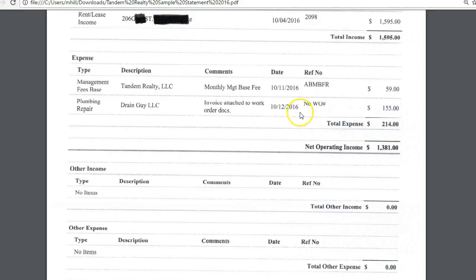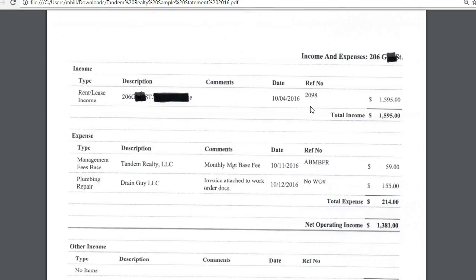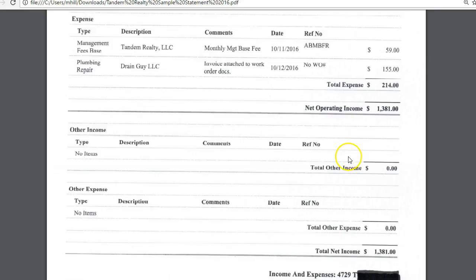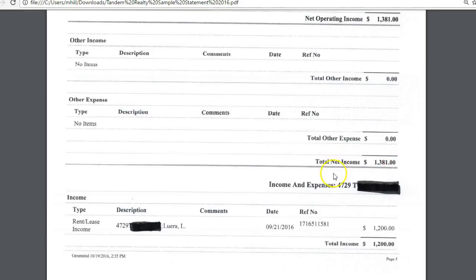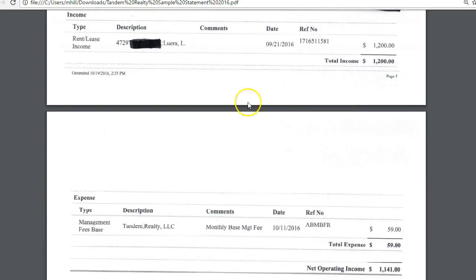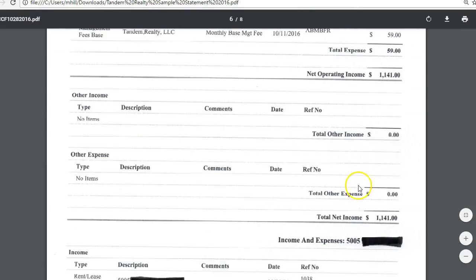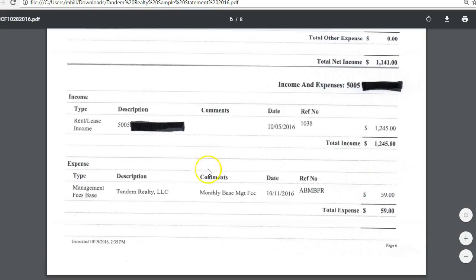The details with the bill itself will actually be in the attachments to that bill. Again, with this one, total income, total expenses, net operating income, same thing. We get down to there. Again, same thing right through here, pretty much identical to some of the previous ones.